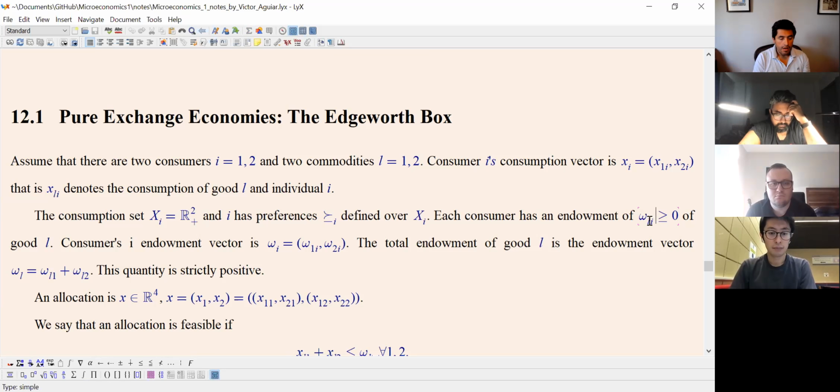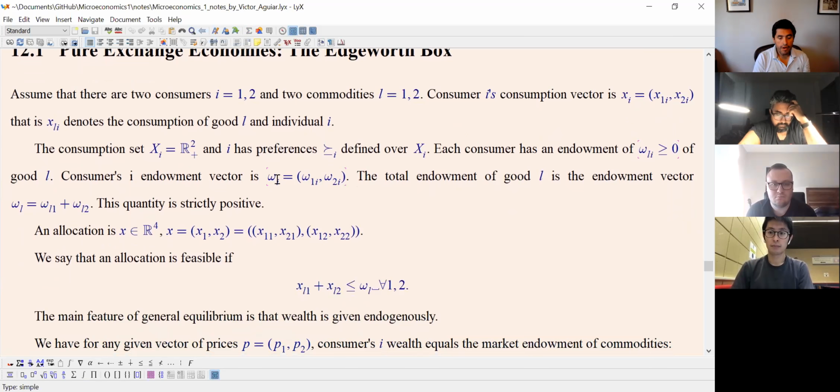Okay. So consumer i's endowment vector is given by omega i, and is this vector of, again, same as consumption, omega 1, good one, apples, and omega 2, oranges, for individual one. The total endowment in the economy of any good is, Einstein notation again, omega l, now without the i index there.